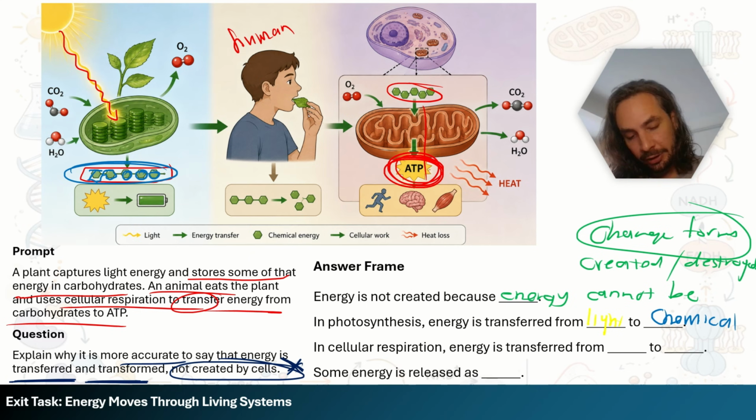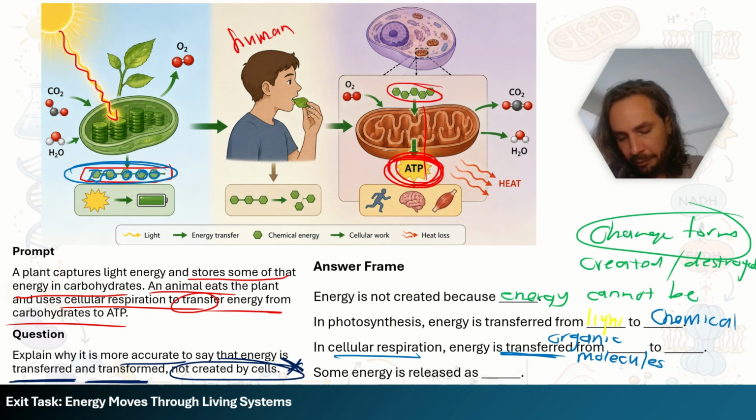Now, during cellular respiration, the energy is transferred from these organic molecules. You remember, organic molecules store that chemical energy in the chemical bonds, and it transfers that energy to ATP.